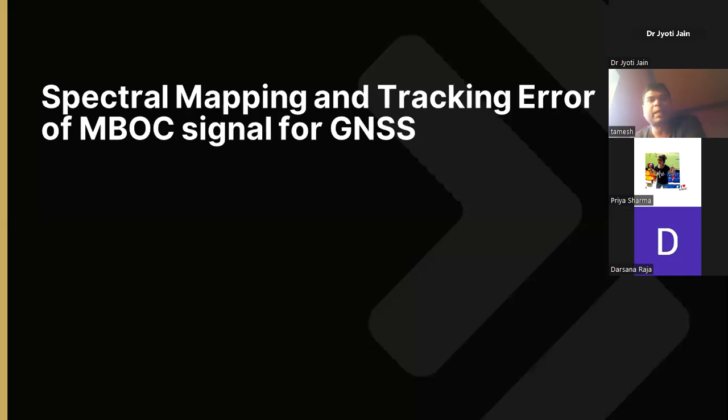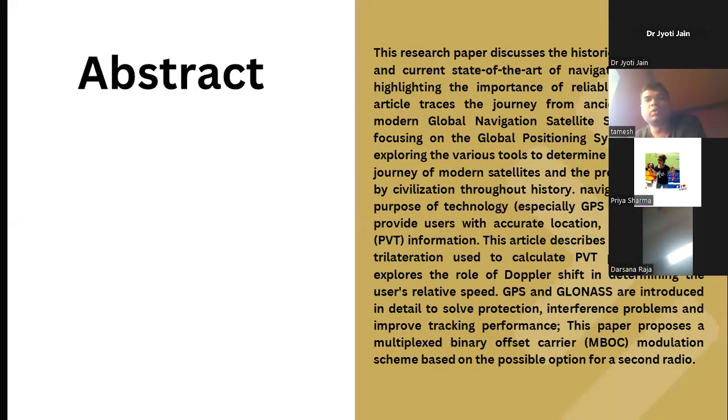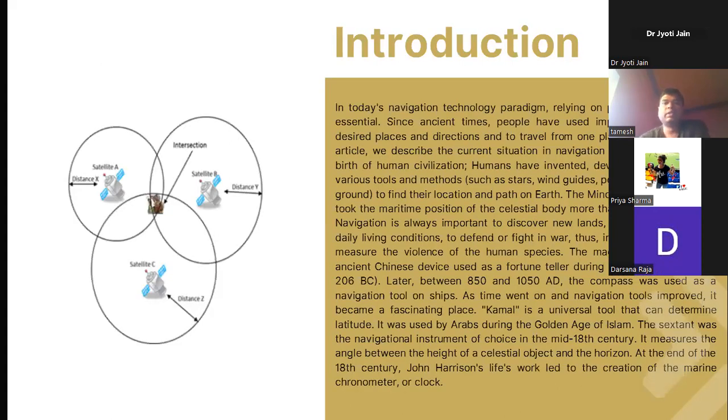So this is the spectral mapping and tracking error of MBOC signal for GNSS, which means Global Navigation Satellite System. The GNSS actually works from very early work.